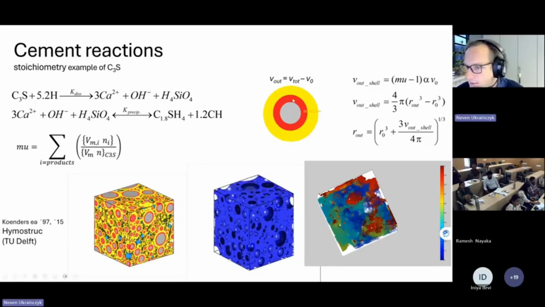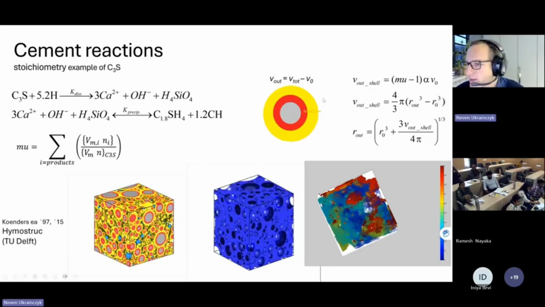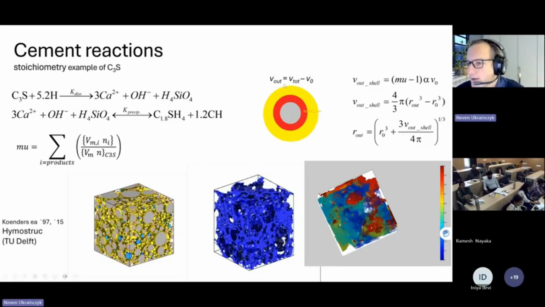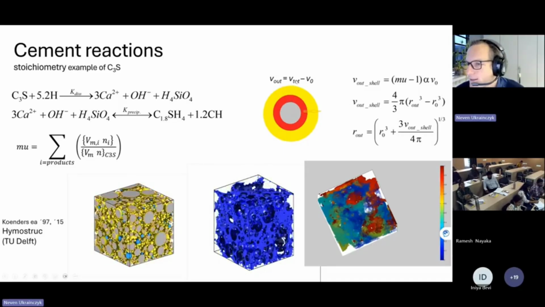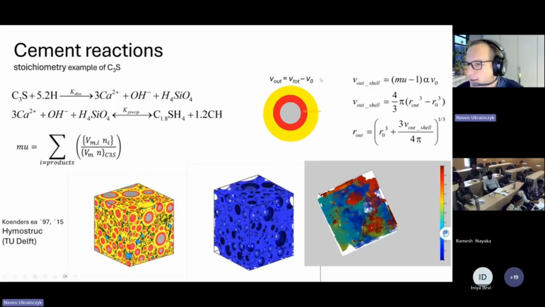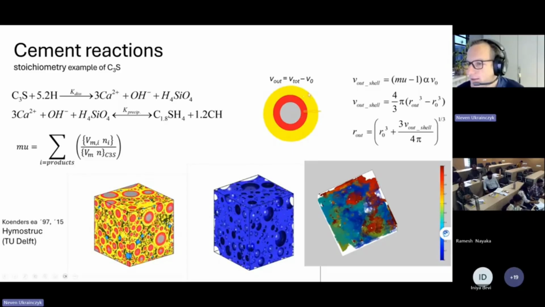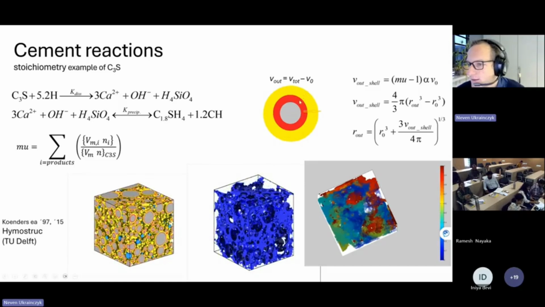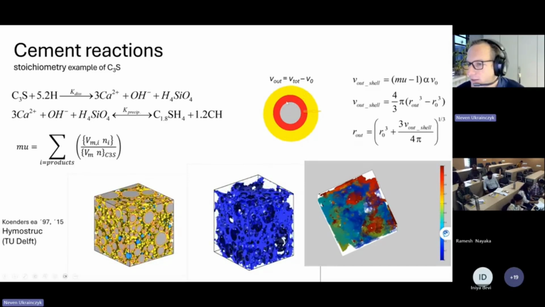At the beginning, everything is gray. Also, the red part is gray, and there is no yellow part. But we want to calculate the outer shell, and the outer shell is actually the total volume minus the initial volume. So it's just the yellow part. The yellow is the total minus the initial, and the initial is the gray, which was initially the red was also the gray.